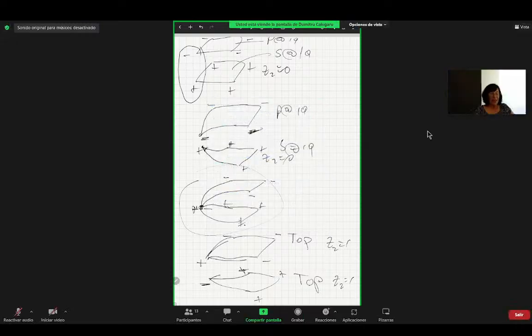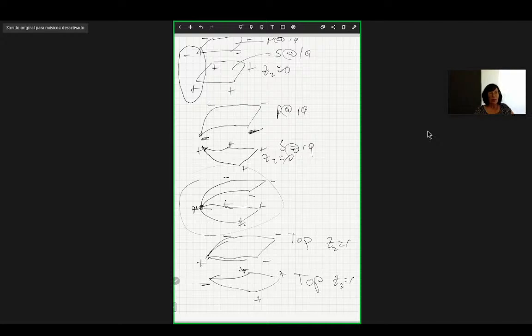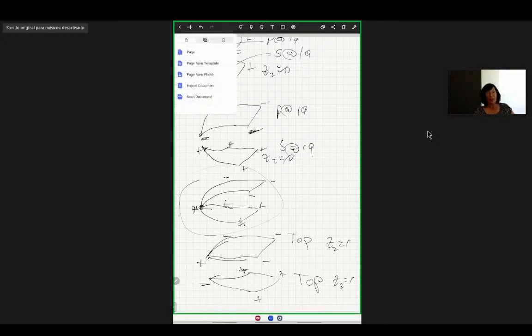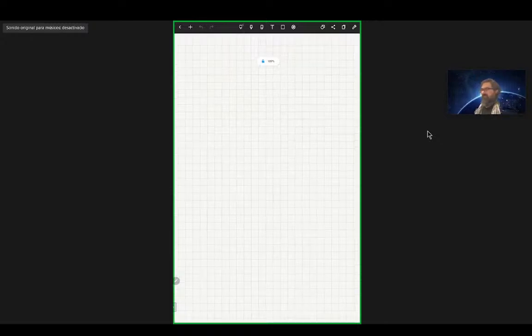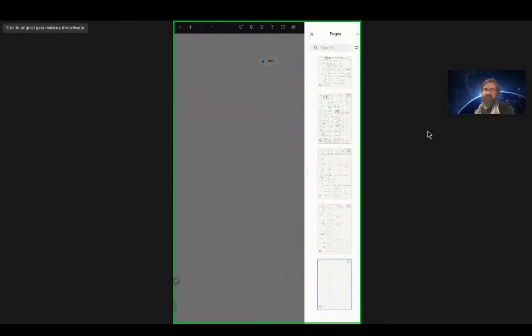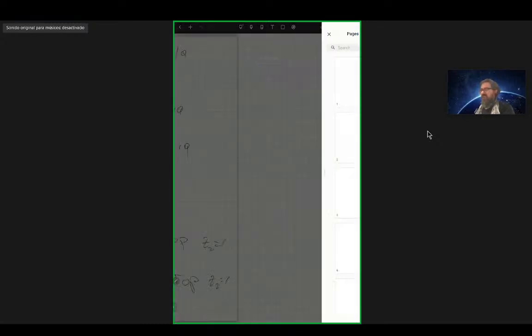So maybe what happens if you include the spin into consideration in your argument? All right, very good. What I did here is, if I add spin, this would just become the Z2 spin index, the Z2 Fu-Kane index, right?